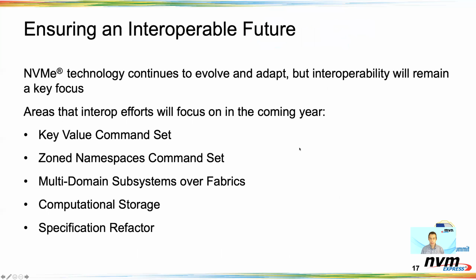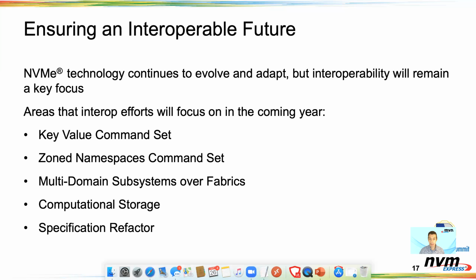So now we want to talk a little bit about what's coming down the pipe. As I mentioned before, there's a lot of buzz and excitement around new features that are being added to the specification, a lot of talk about zoned namespaces and the like. If there's one thing I would take out of this presentation, it's that NVMe has really put an excellent foundation and excellent processes in place that have given us interoperability this far.